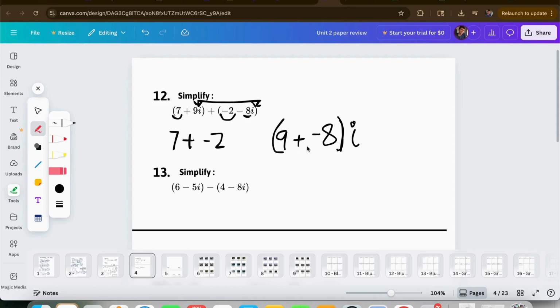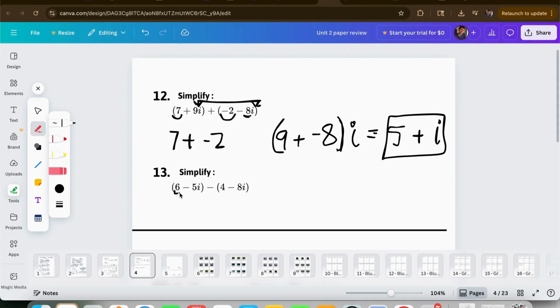You can think of this as 9i plus -8i, but you just combine the coefficients and then the I gets kind of slapped on the end. So 7 plus -2, that'll be a difference, so you'll get 5. And then 9 plus -8, that's again another difference. You'll get 1. So 1i, which I could just write as I. So 5 plus I, 5 plus 1i.